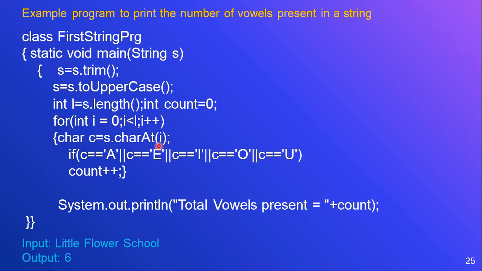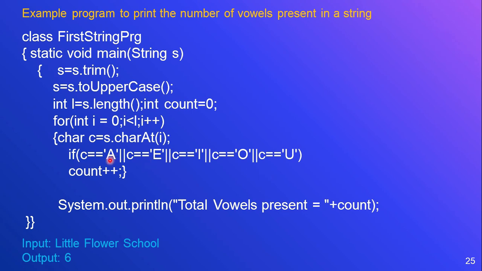What is i here? Since we have started running the loop, the value of i is 0. So we are getting the character from the ith position, that means the 0th position, and it will be stored in variable c. As soon as we get the character, we check whether it is a vowel or not.